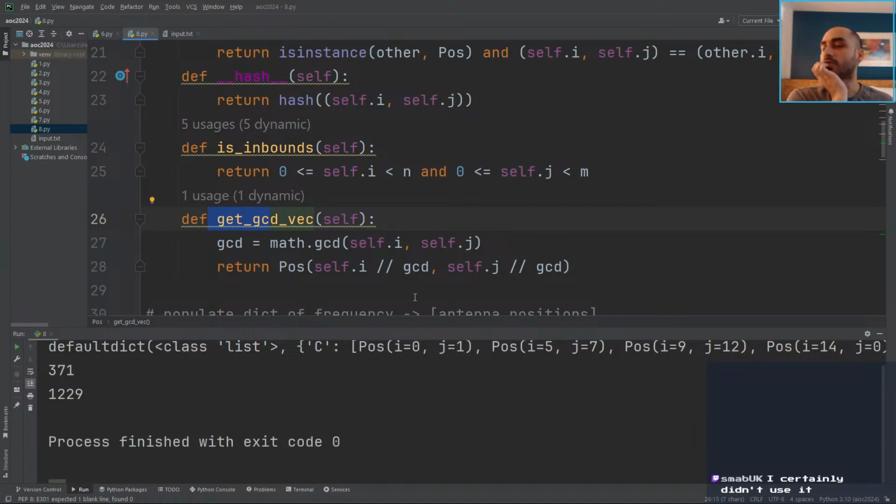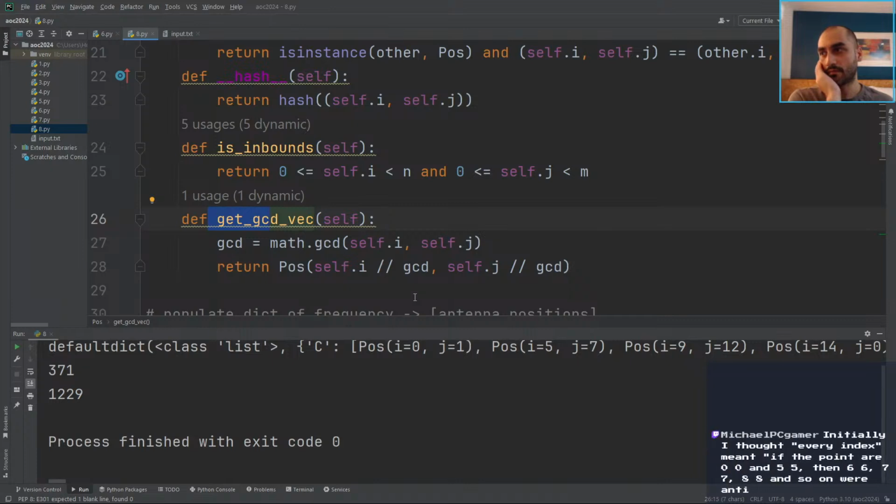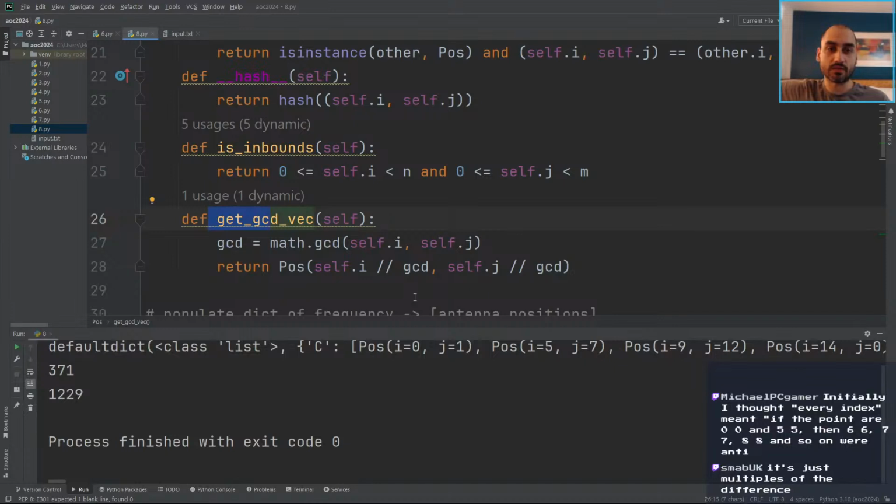Or, for a given pair of antenna, I suppose you could just range over the entire grid for each point, see if it's in line with them.